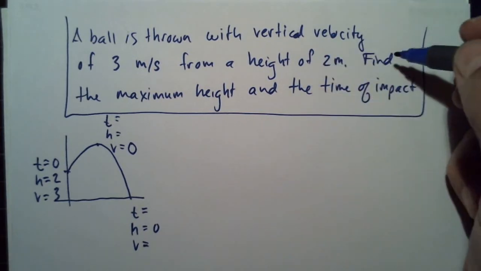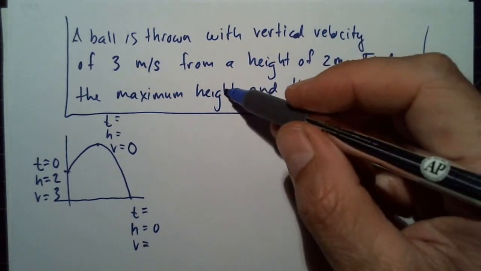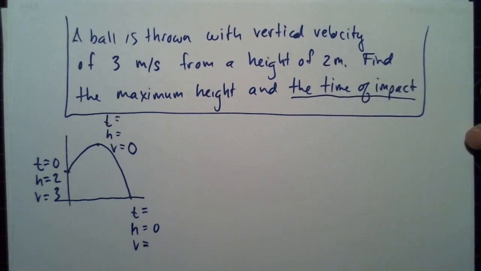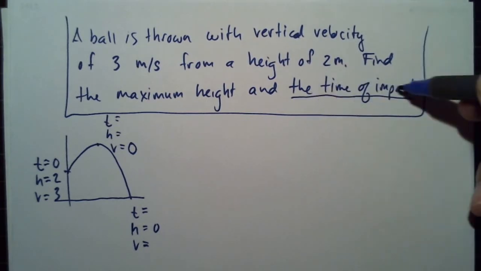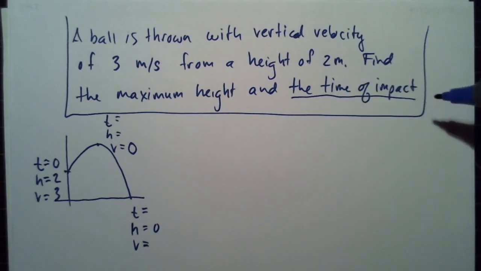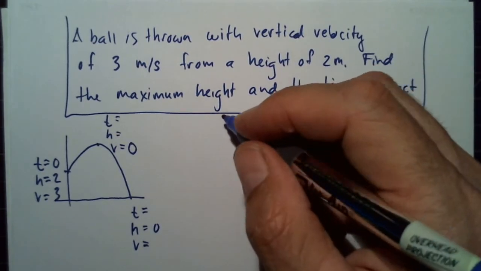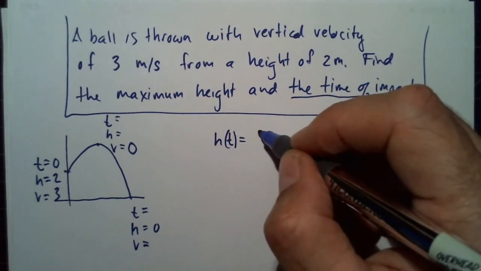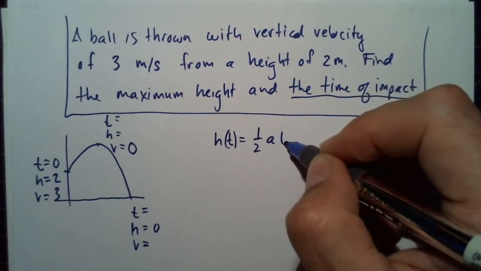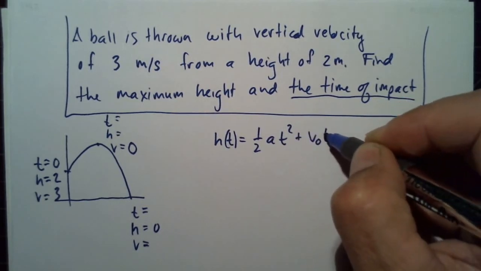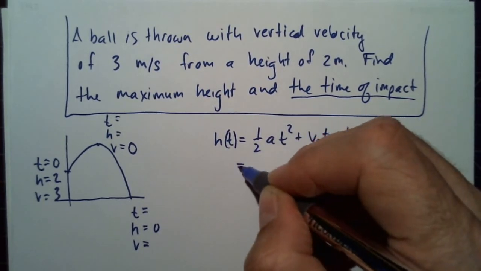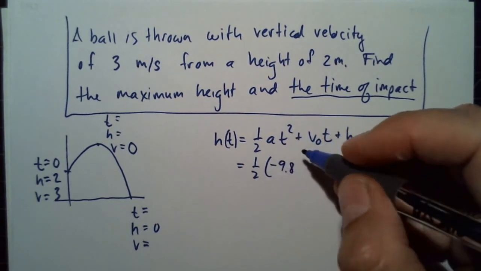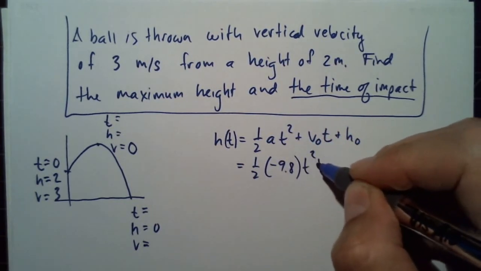So to find the maximum height, time of impact. In the previous two problems, we said find the time that it's in the air. Well, this is going to be the same thing, the time of impact. So we can use the same strategy, but now we're using meters, so we'll have 1/2 at squared plus v naught t plus h naught. 1/2 negative 9.8 t squared.